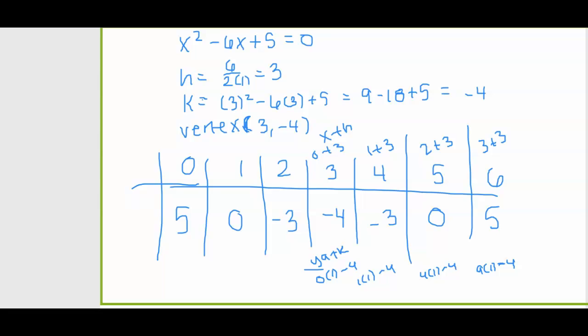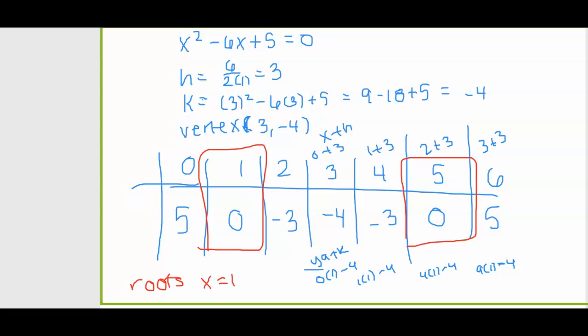So I could plot those points or look at my table and say, okay, I have a 0 in my table at 5 and 1. So what that means is that my roots are at x equals 1 and x equals 5.